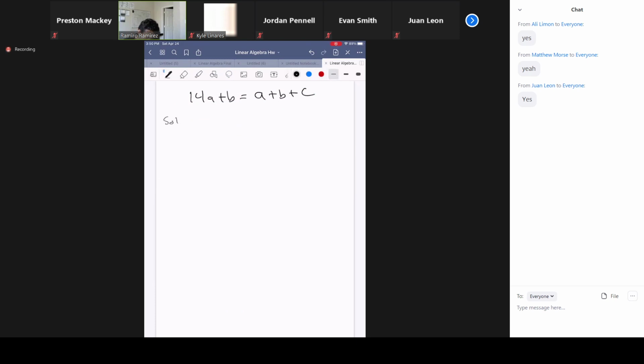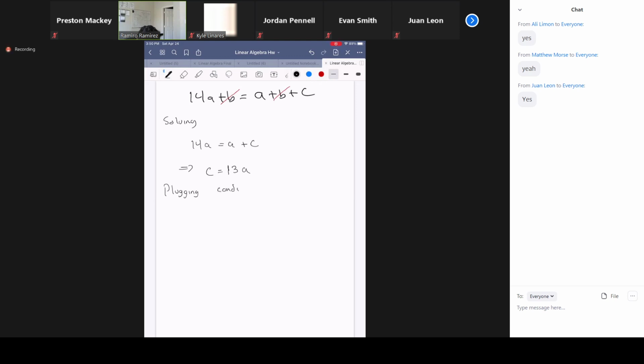Solving, this guy is going to cancel with that guy, and basically you get 14a is equal to a plus c, which means that c is going to equal 13a, right?